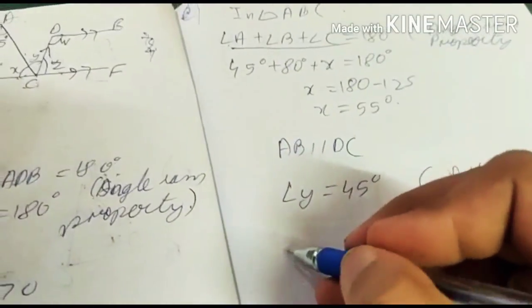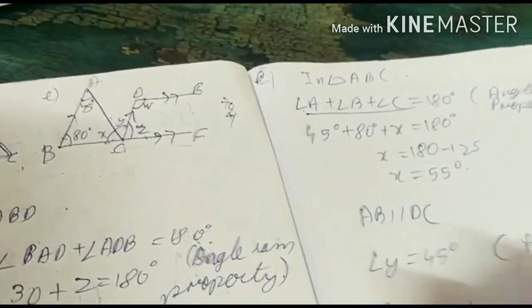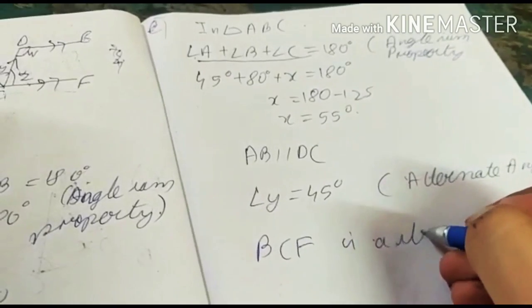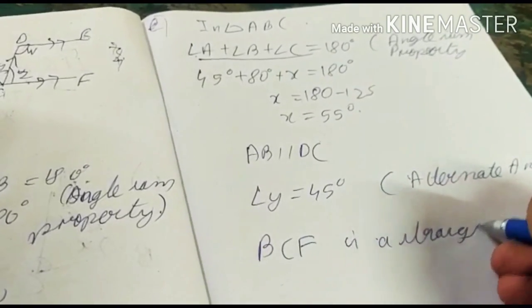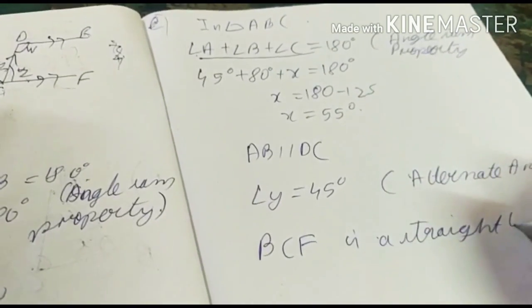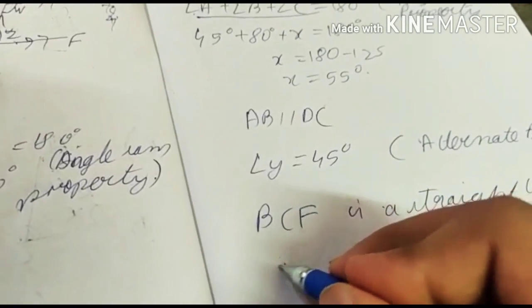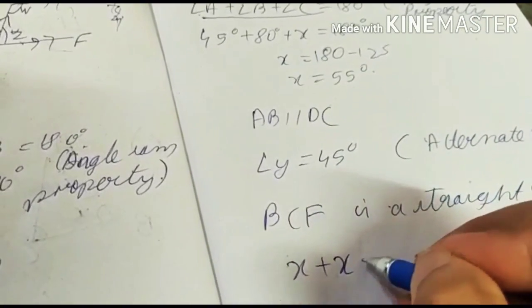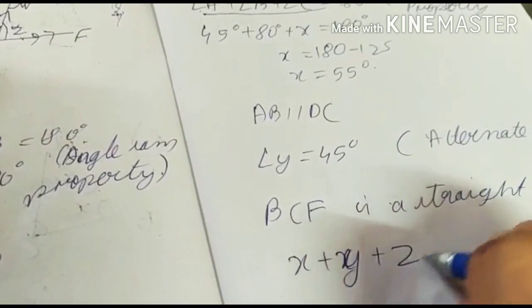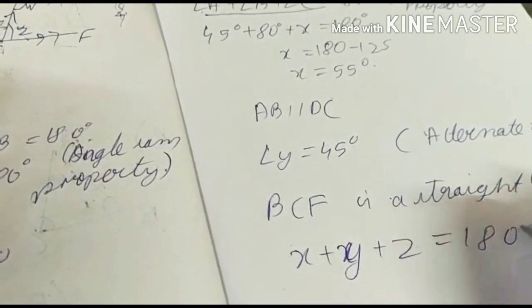Okay, BCF is a straight line. Yeah, BCF is a straight line. So on this straight line, angle X plus angle Y plus angle Z are formed.